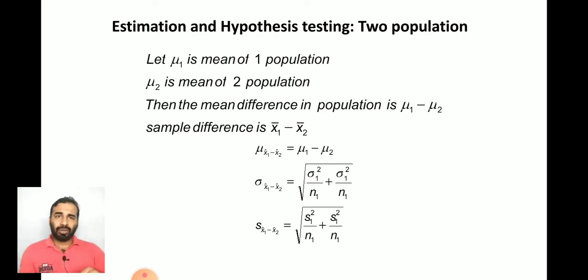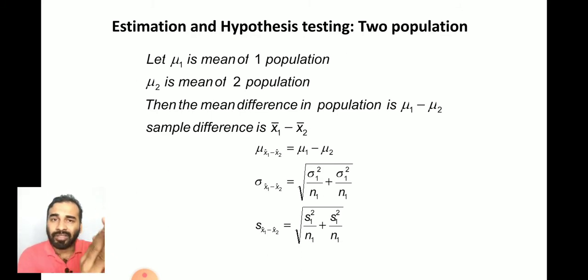Okay, so let mu1 be the mean of the first population and mu2 the mean of the second population. We have two populations here. Then what is the difference? Mu1 minus mu2. We have two populations, then we will have two samples.